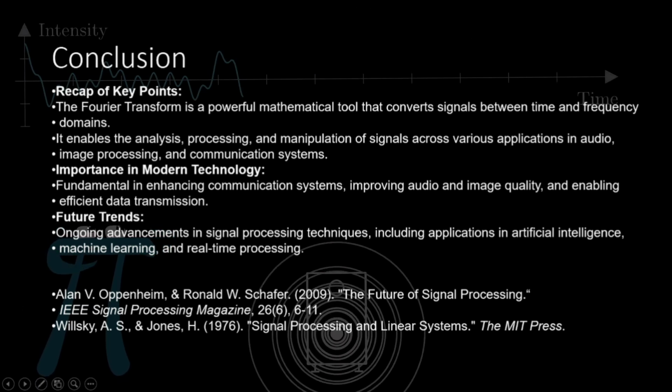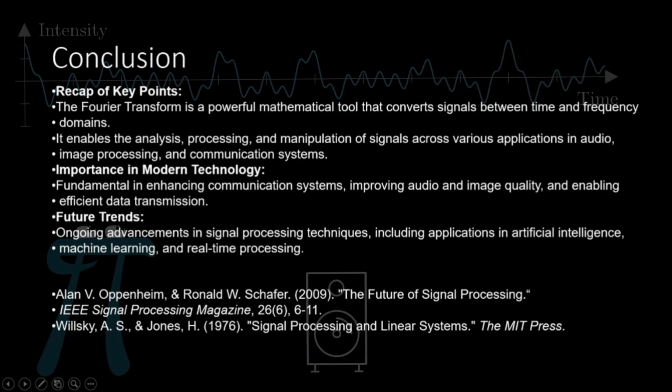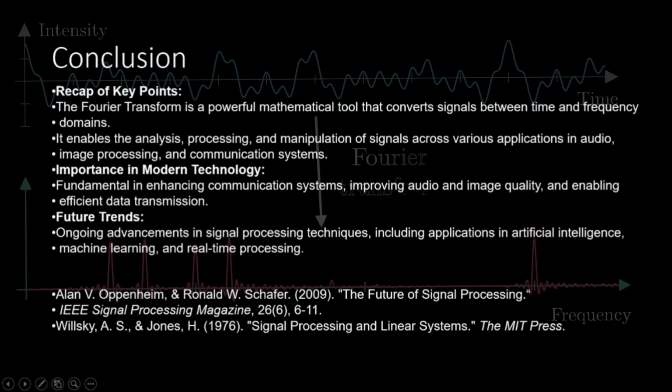The Fourier transform's significance in modern technology cannot be overstated. It's the foundation for many of the systems we rely on every day, from streaming audio and video to reliable data transmission over the internet.